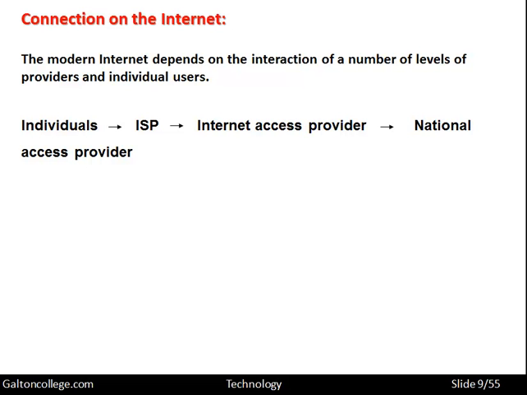So the individuals contact the internet service provider. These are the companies through which we buy our access to the internet, normally using a telephone line. Then the ISP, the internet access provider, goes to a national access provider, and the national access provider will route the information through, and this is all done, of course, via routers that are on the internet.